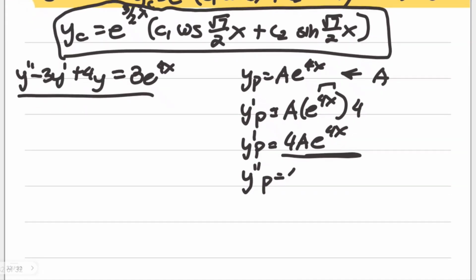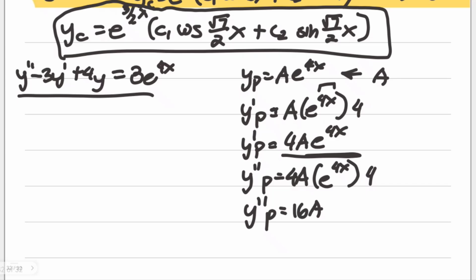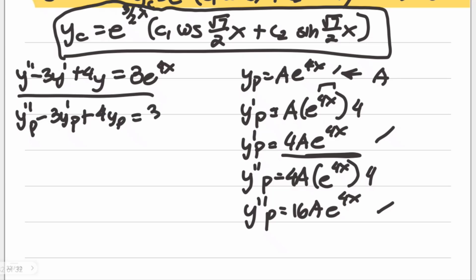So you will have 4a, again, the derivative of e to the power of 4x is itself, but we need to multiply the derivative of the exponent, which is still 4. So the second order derivative is equal to 16a e to the power of 4x. We need this one here and this original, because we will be substituting that on our original form. Instead of the y's, we will have the y sub p's, just to solve the value of the coefficient a.